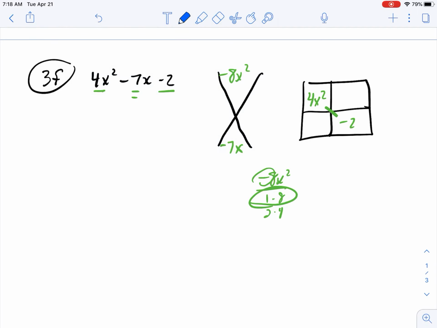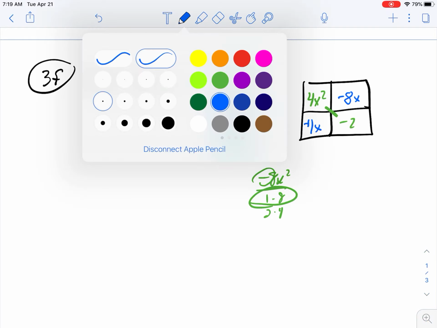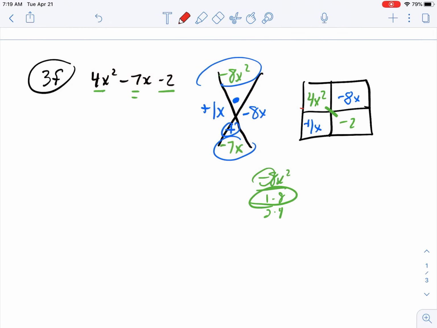So I have 1x and 8x. So that would mean that this would have to be a negative, and that would have to be a positive. That way when I multiply, I get this, and when I add, I get that. So I have plus 1x minus 8x. Okay, so let's start off here.